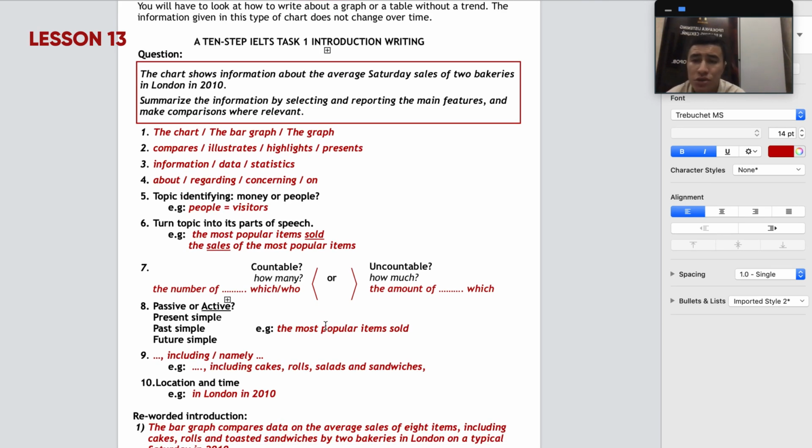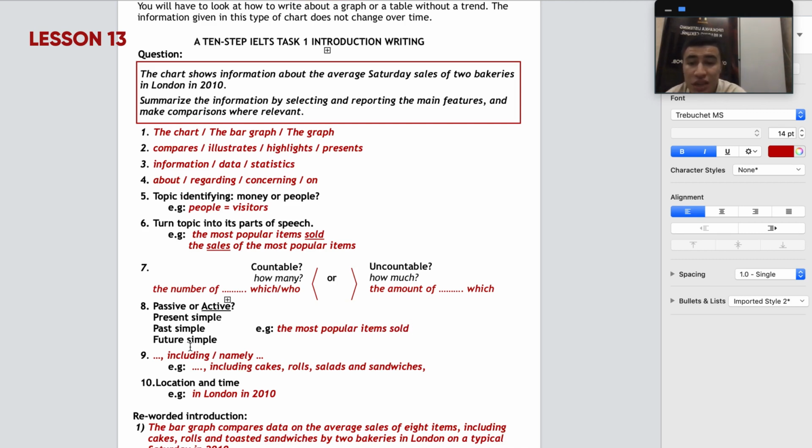And of course, you should decide whether to use passive or active voice. So, of course, choosing appropriate tense is also important. You will have to look at starting and ending points, and here you have a comparative graph, which means you will be given 1 year only, and here in 2010, you will use past simple, the most popular items sold.